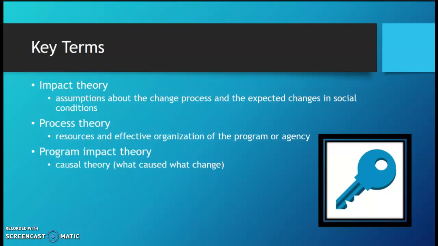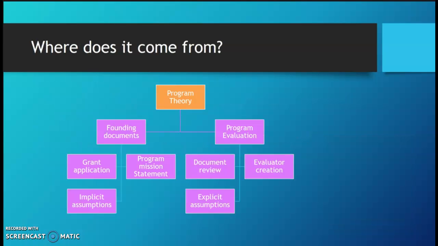So where do you get this information? You get this information a lot of places. Sometimes you're lucky and you can go back to the original documents, the grant application, the articles of incorporation, kind of any of those documents that set the stage for: we have an organization and it is up and running, this is how it will work. So sometimes you can go back to those founding documents, that grant application, the program mission statement, and you can comb through that agency literature to find this information.